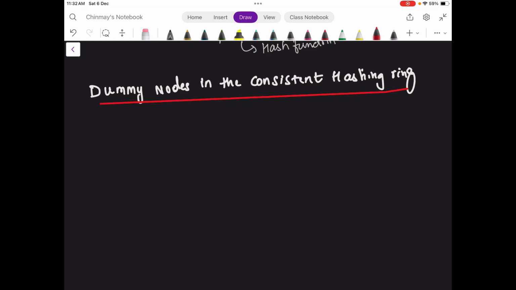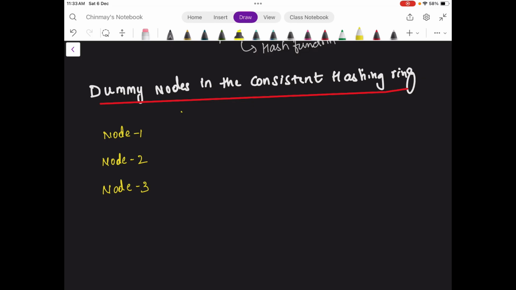We have 3 nodes, right? Node 1, node 2 and node 3, which is very clear. They decided that every node should introduce an equal number of dummy nodes.